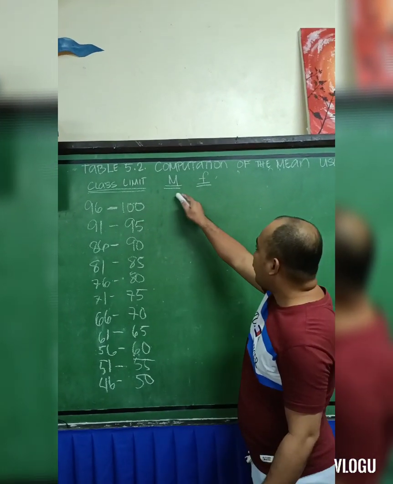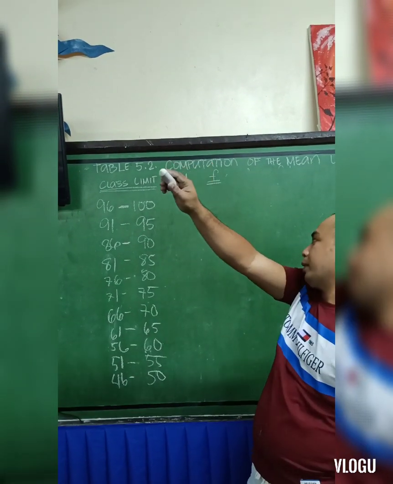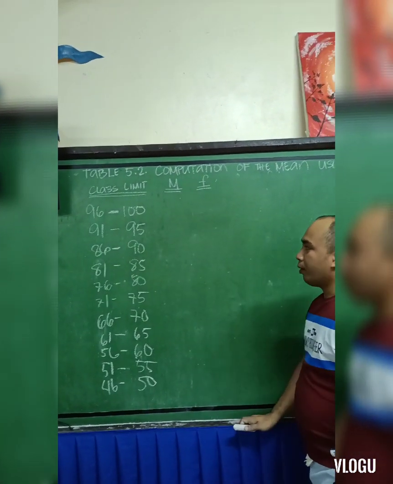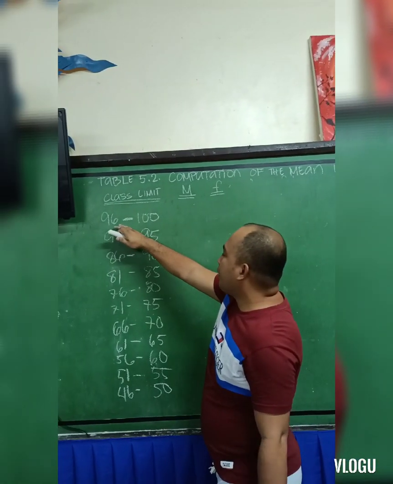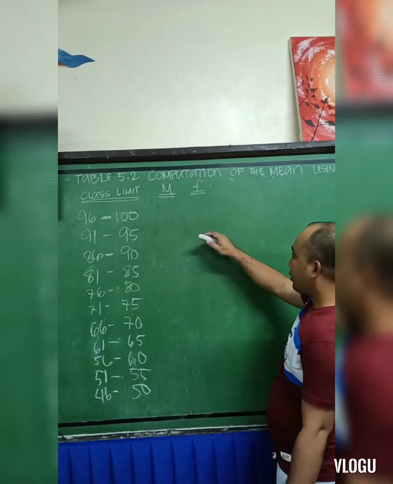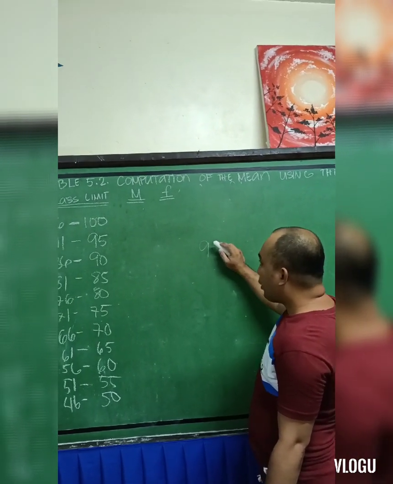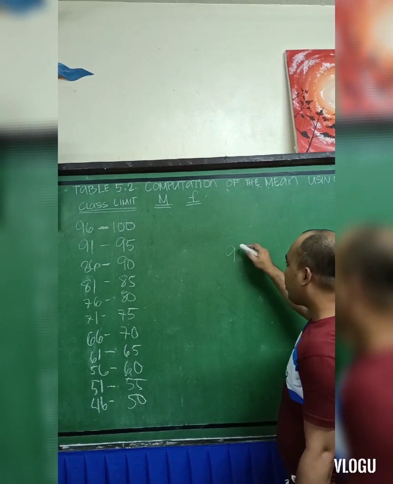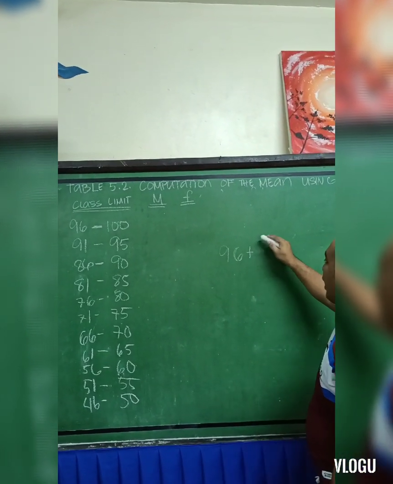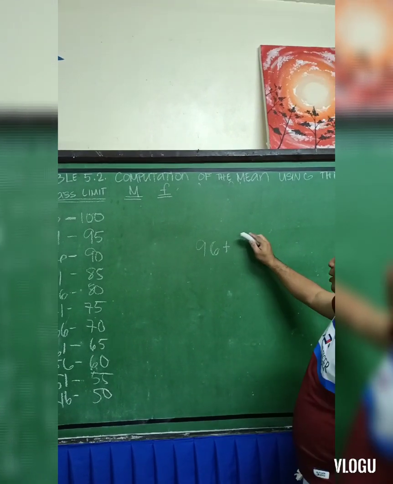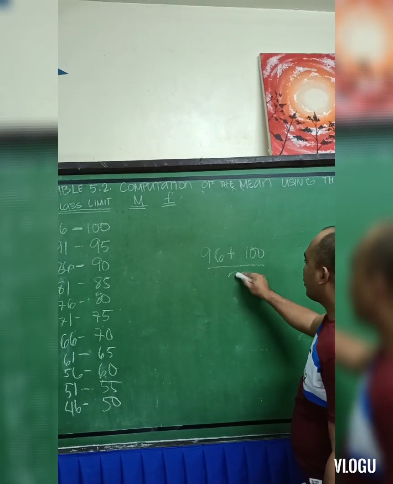So now let's get our midpoint. To get the midpoint of our class limit 96 to 100, we simply add the lowest number of the class limit boundary plus the highest number, which is 100, divided by 2.